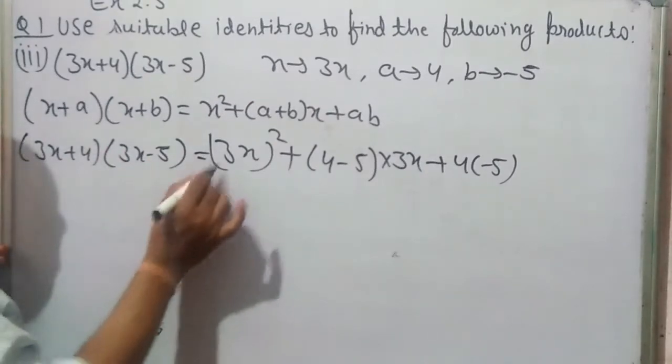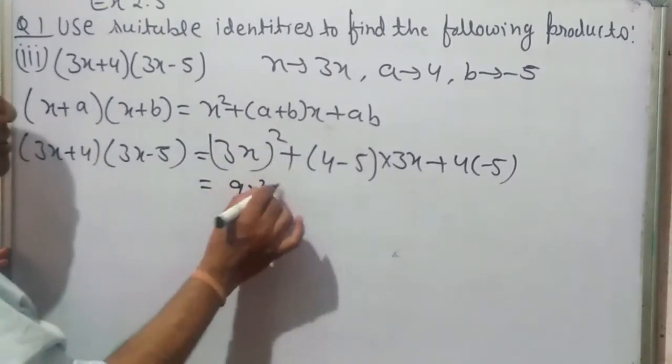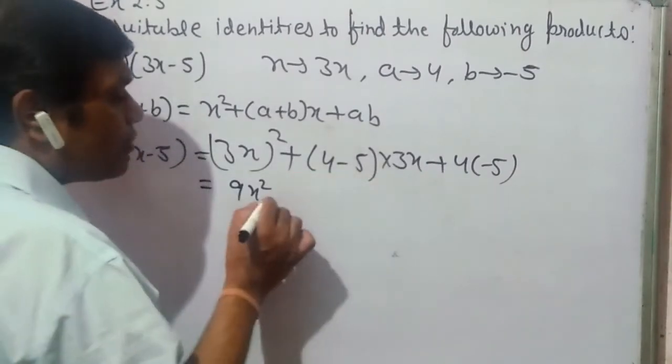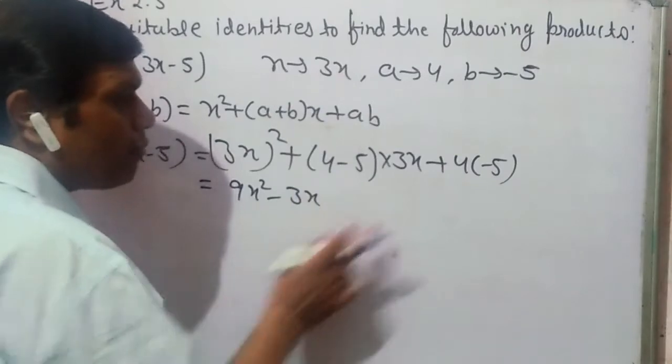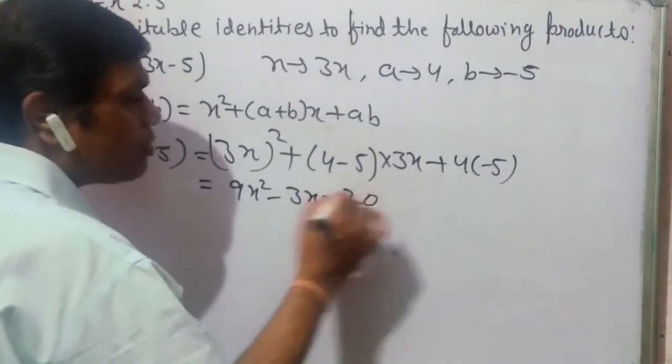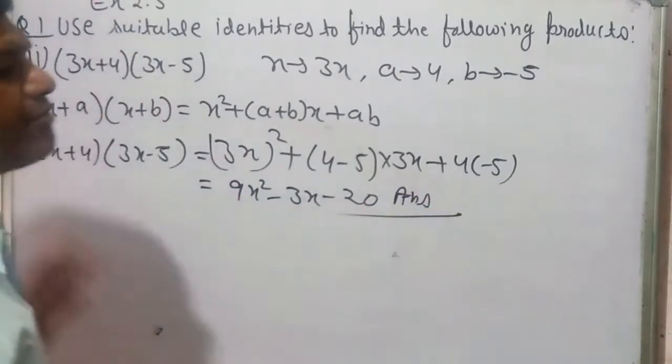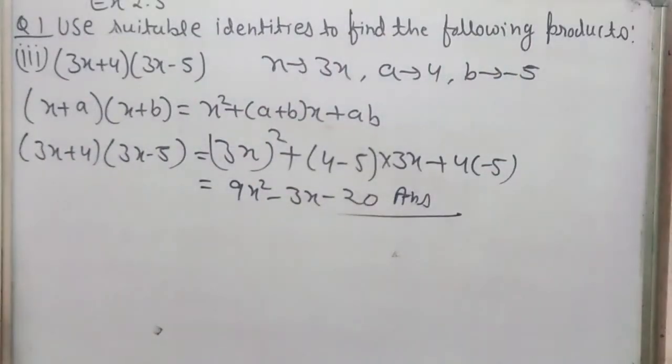Solve this out. Square of 3x is 9x². 4 minus 5 is minus 1. Minus 1 into 3x is minus 3x, minus 20. That gives us the required answer for our part number 3.